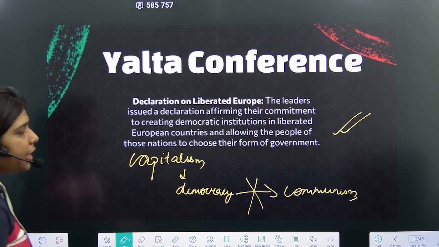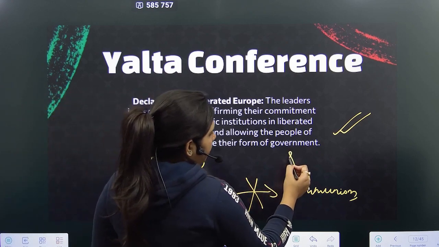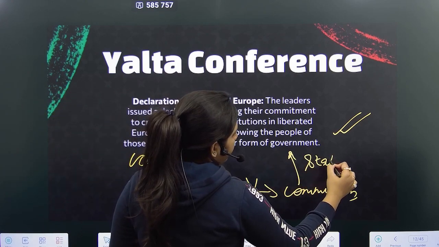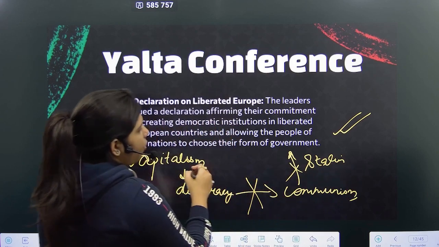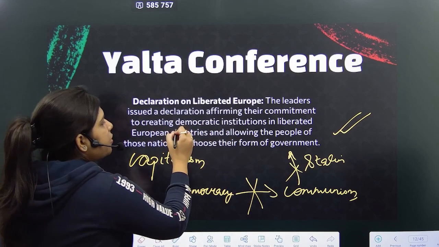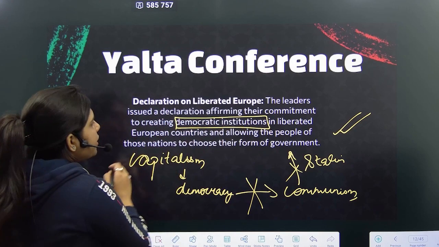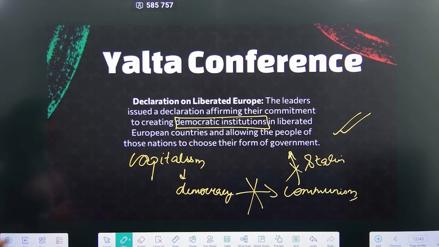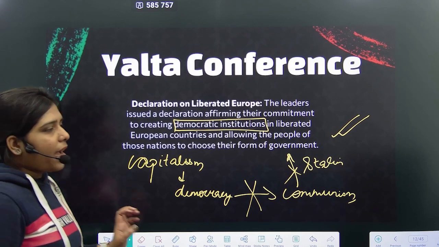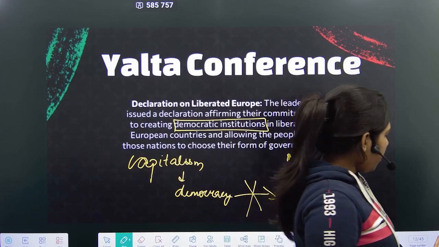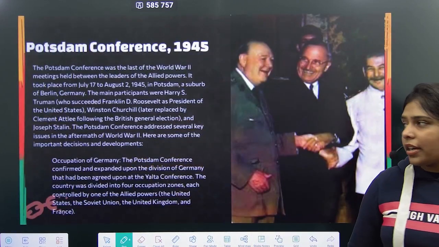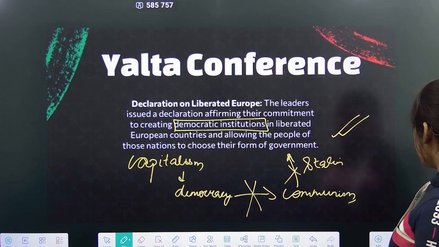Stalin would not agree to it, because the establishment of democratic institutions goes against the ideals or ideologies of communism. So this was one thing which you will see was impacted later, because the USSR actually tried to assert its influence over here.